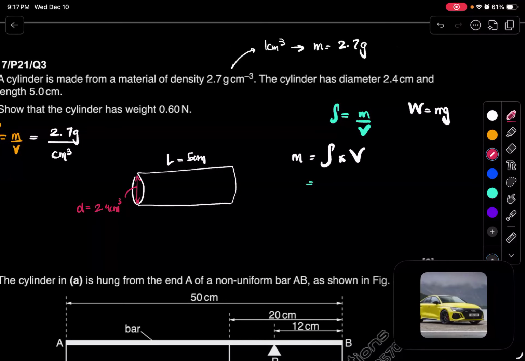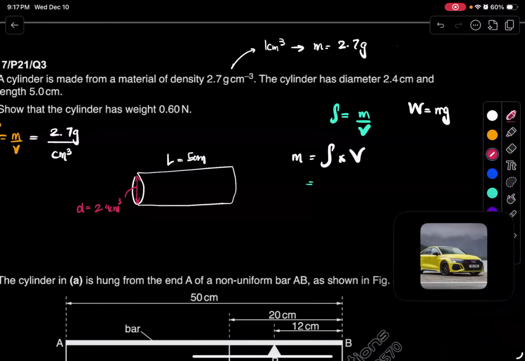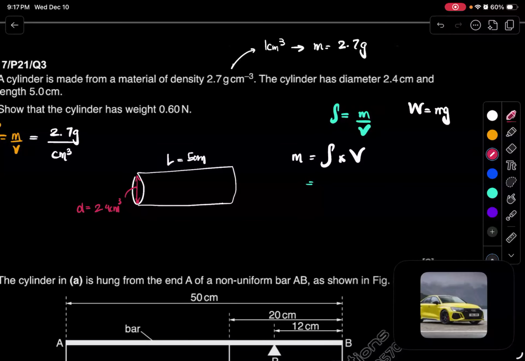First of all, keep in mind that the units of density over here are 2.7 gram per centimeter cube. Okay. Because the units are in centimeter cube and the value of density is also in centimeter cube, you don't need to convert it into meter cube at the moment.